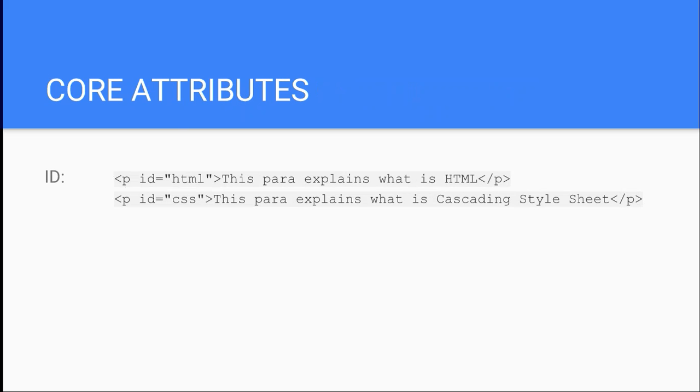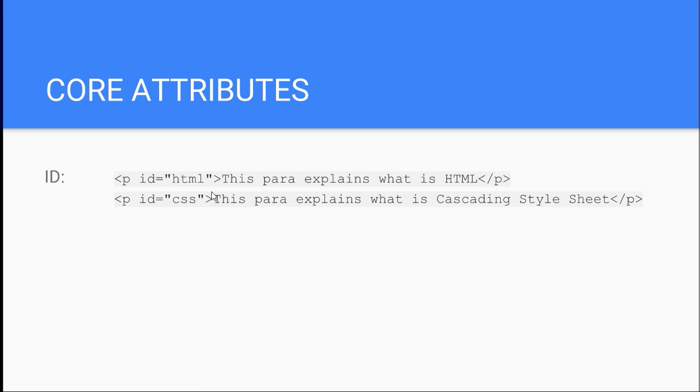So a core attribute is the ID. ID means identification. Here we will give an ID and a value to that ID so that we can recall it, because this ID attribute we are going to use especially in CSS or JavaScript.